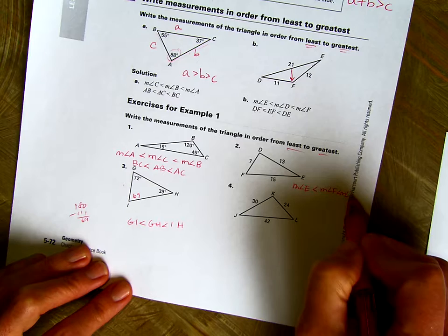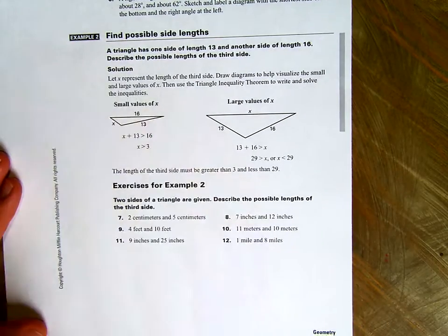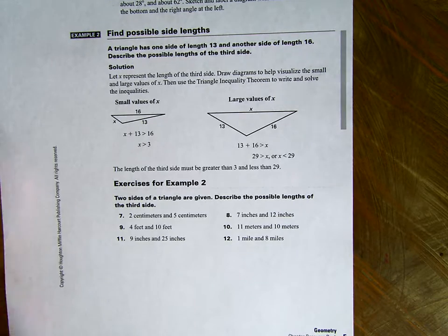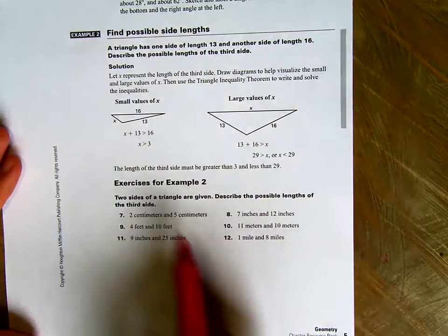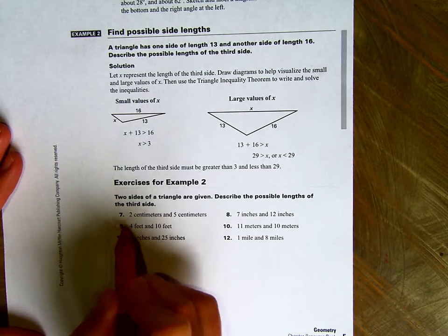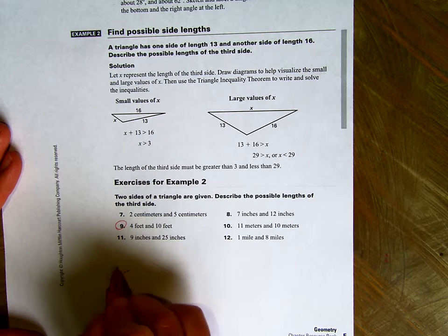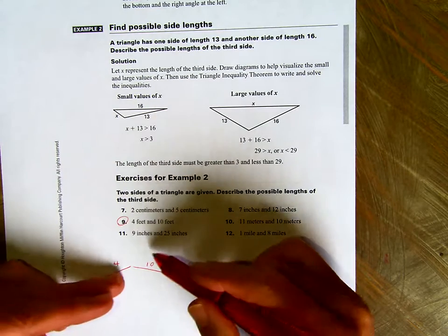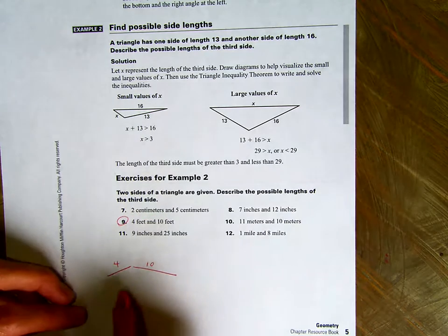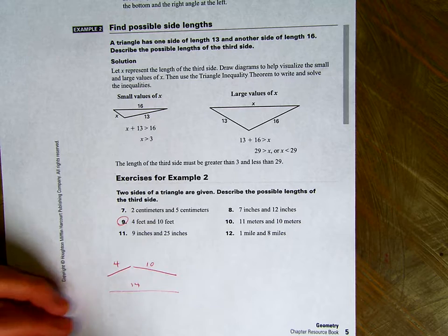Okay, let's look at this idea of any two sides. The sum of any two sides has to be greater than the third. So in this case, let's look at a couple of these. Suppose I have 4 and 10 feet. Think about it. If I have one side that's 4 and one side that's 10, if I make that angle 0, the largest that they could stretch out to is 14.